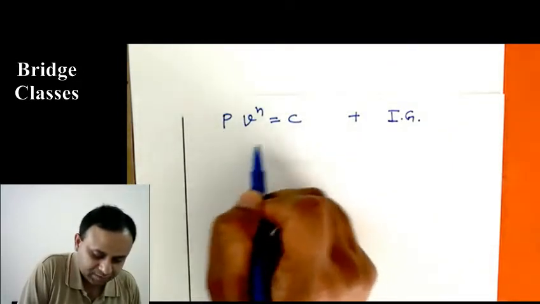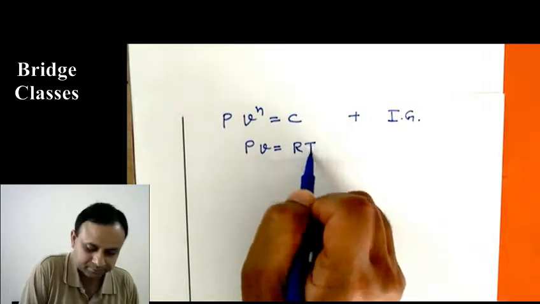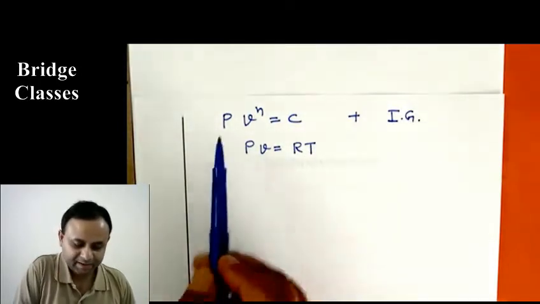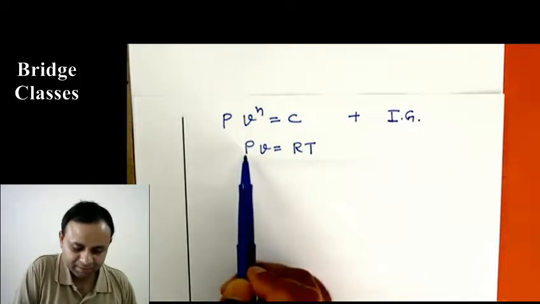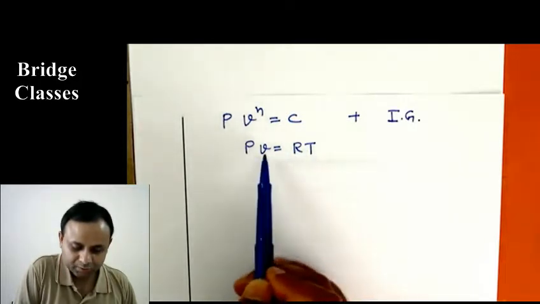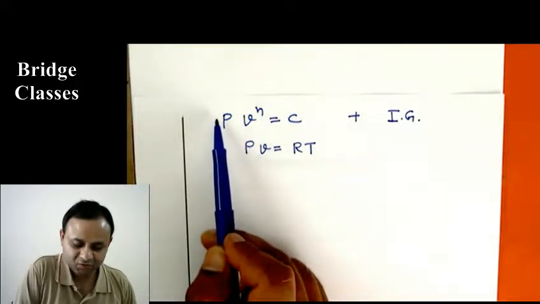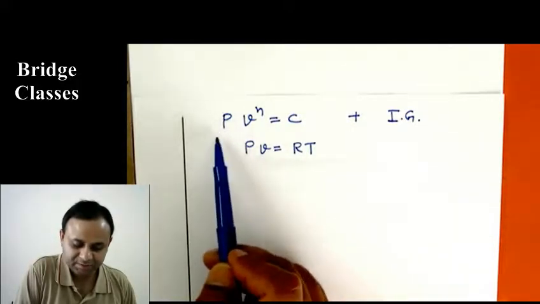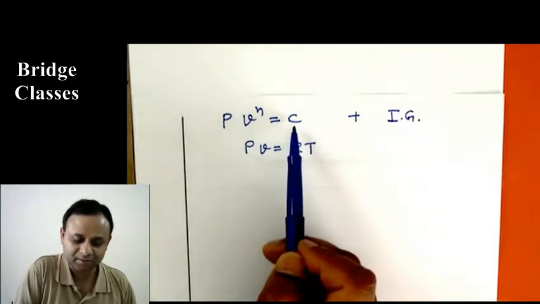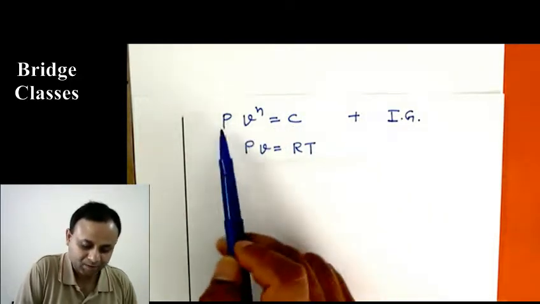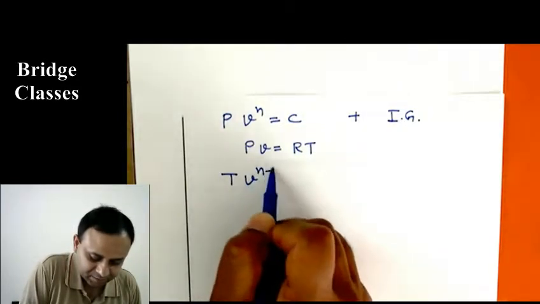Along with this, if we use PV is RT, I can eliminate P from these two equations. We get P is proportional to T over V. R is a constant anyway. So instead of P, you can substitute temperature over volume, and this constant will be some other constant now. Okay, so by manipulating this, you will get TV^(n-1) is constant.